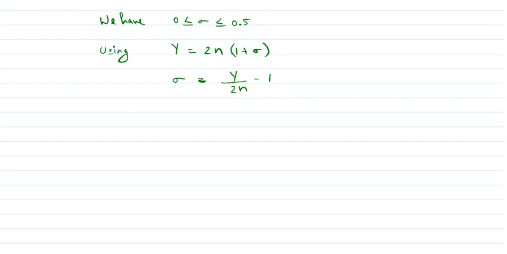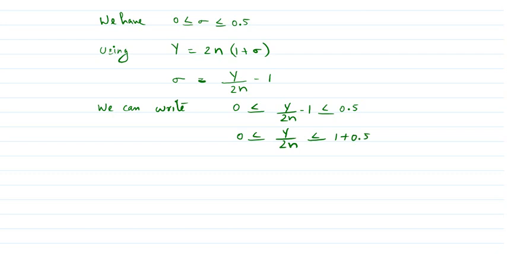So we can write 0 is between Y by 2n minus 1 and 0.5. Adding 1, we get Y by 2n between 1 and 1.5, and taking 2n to the other side, 1.5 into 2 will be 3n.